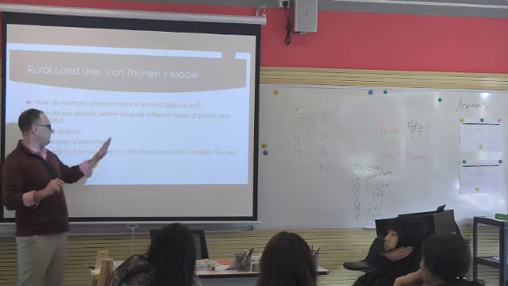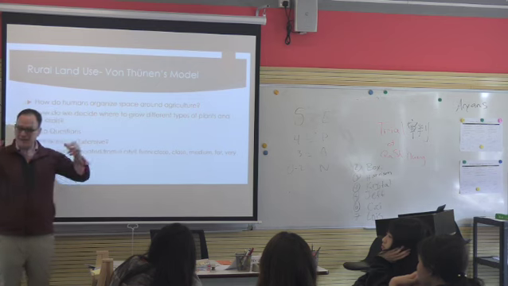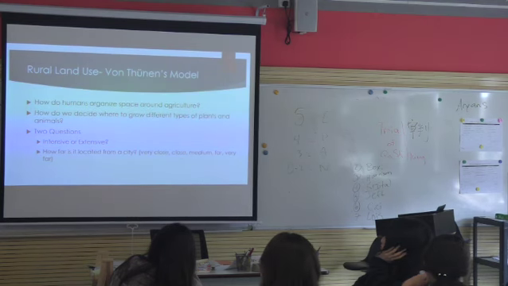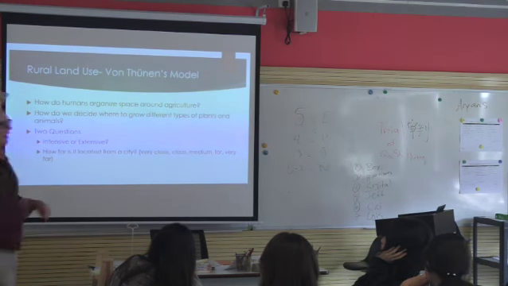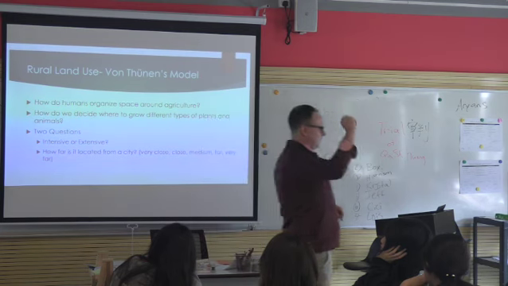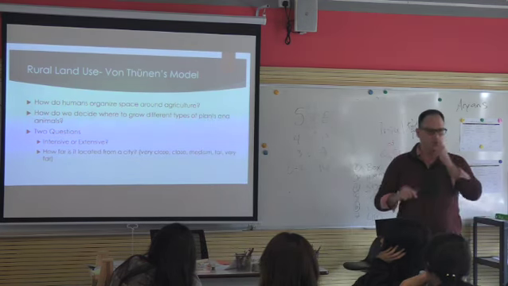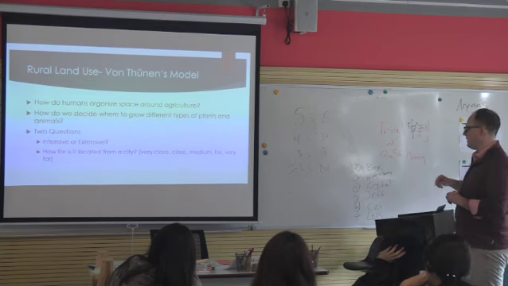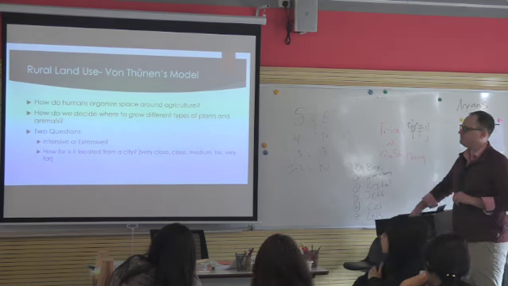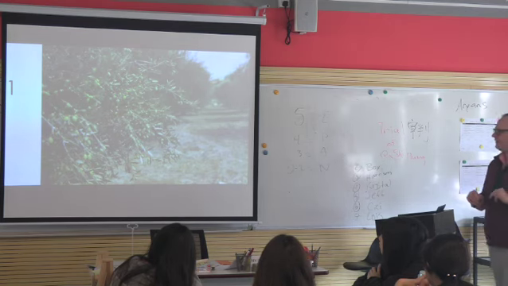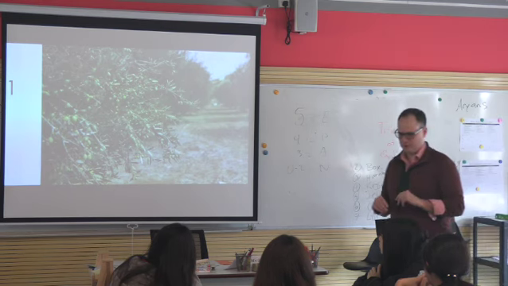Your choices are very close, close, medium, far, or very far. All right, so two questions. Intensive or extensive? How far is it away from the city? Everybody got it? I want you to discuss that with your group as I show you the image. All right, so here we go. Intensive or extensive? How far is it from the city? Go, talk with your group.